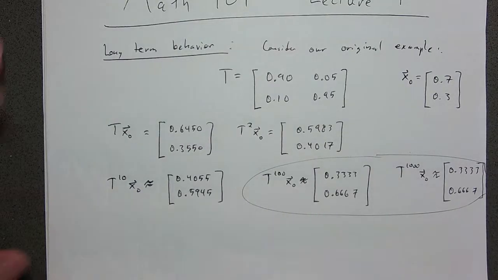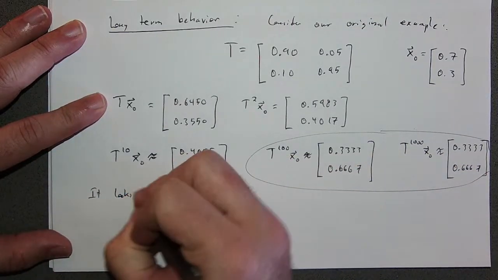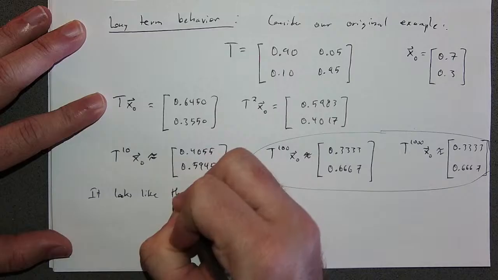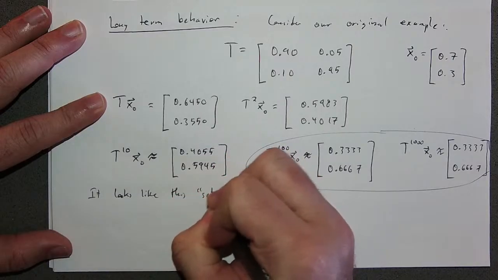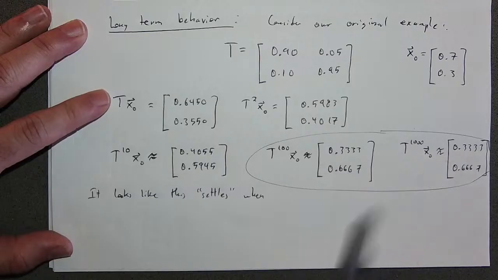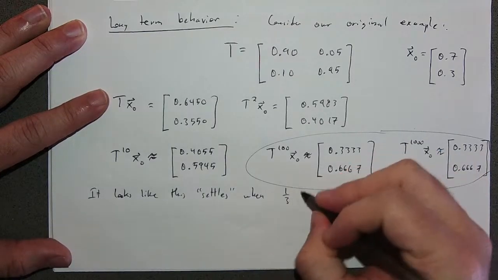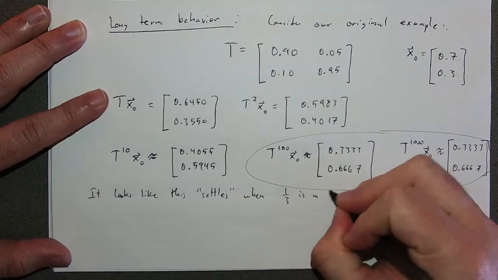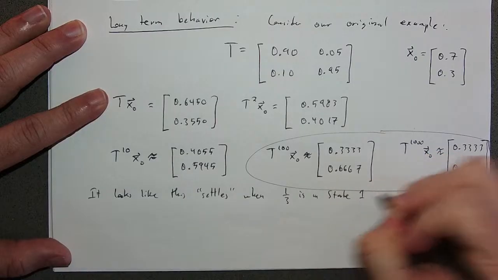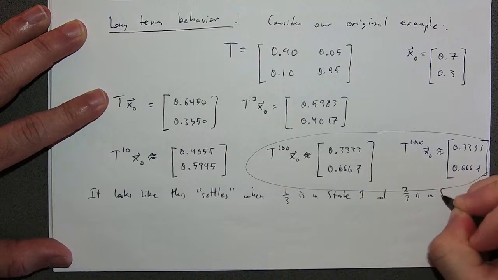It looks like this settles when 1/3 of the population is in state 1 and 2/3 is in state 2.